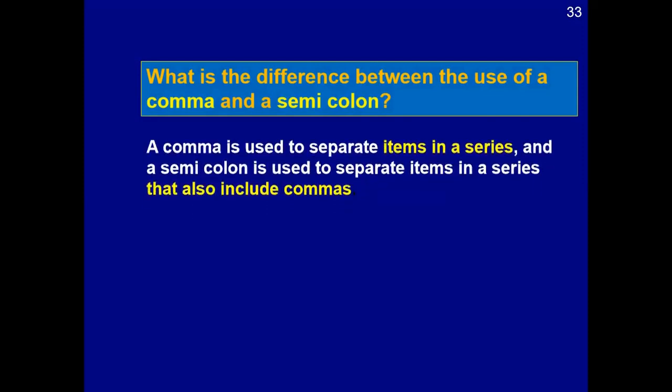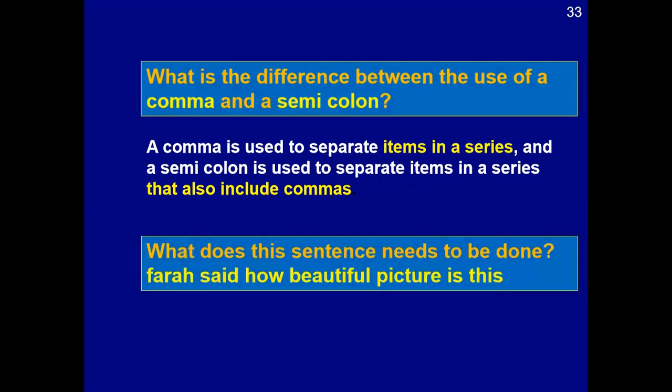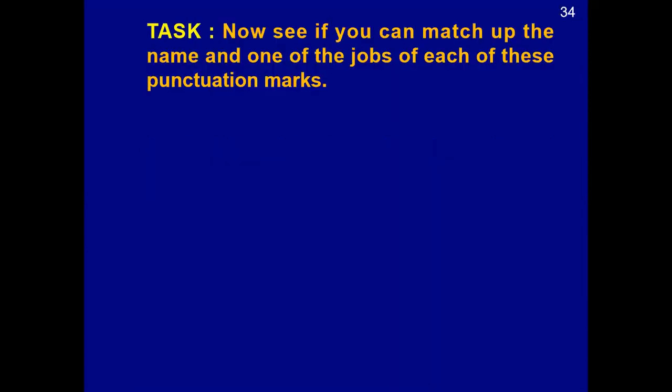A comma is used to separate items in a series, and a semicolon is used to separate items in a series that also include commas. What does the sentence need? Farah said, "How beautiful is the picture!" It needs to be punctuated.